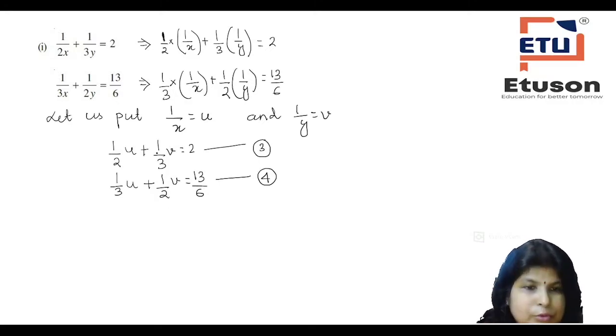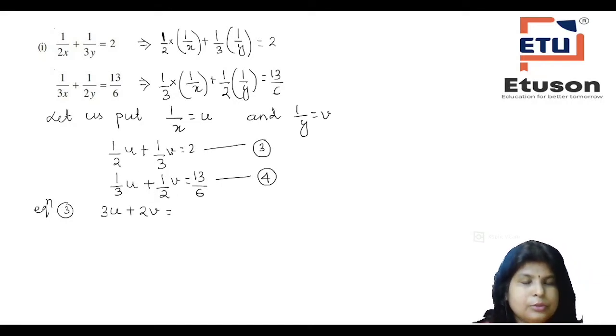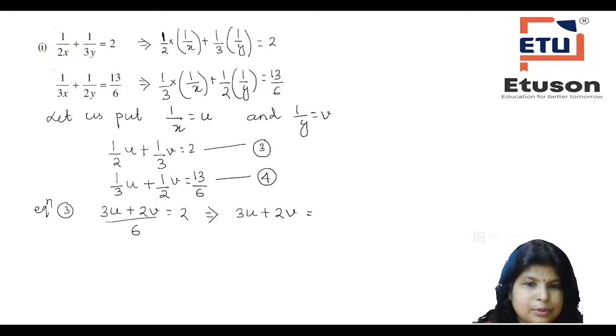Okay, so let us bring it to the simpler form. So equation 3 becomes 3u plus 2v divided by 6 is equal to 2. Here the denominator is 6, so it implies your final form will be 3u plus 2v is equal to 12.